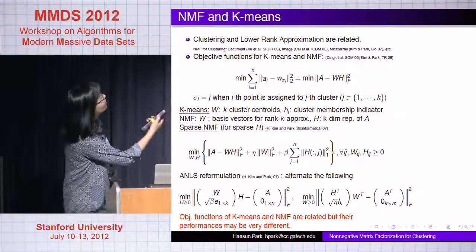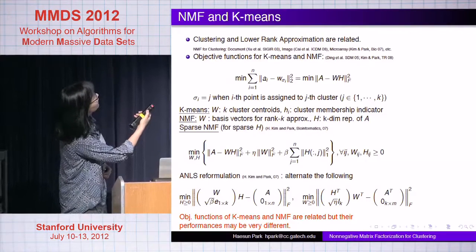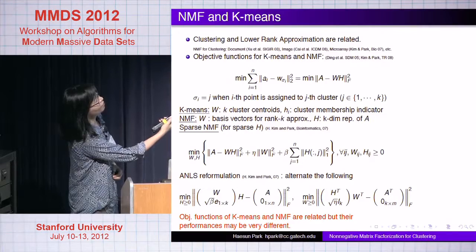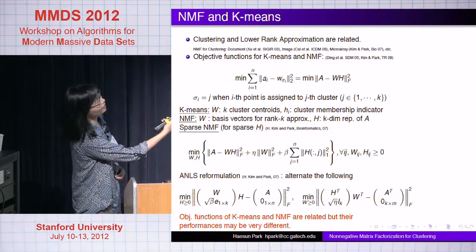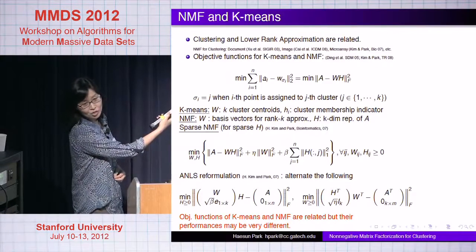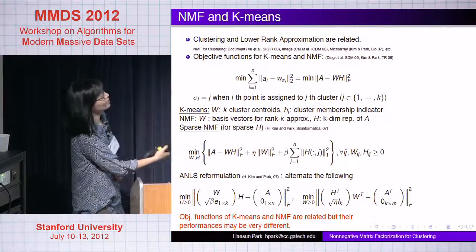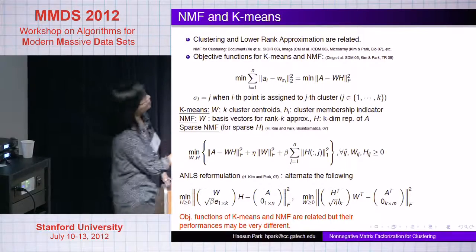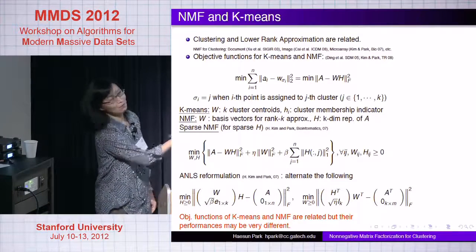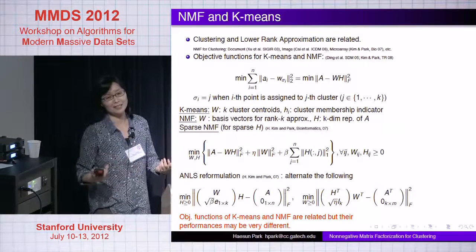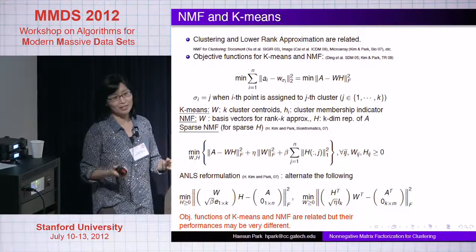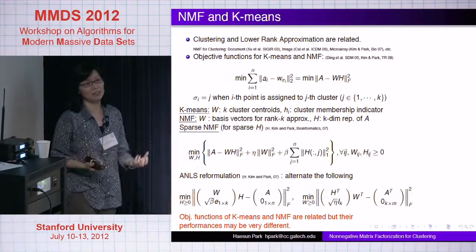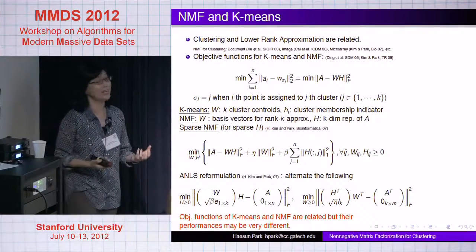Okay, so I showed you that K-means and NMF are related, but the fact that the objective function of NMF can be modified so that it looks like K-means objective function doesn't mean that those algorithms behave in a similar way. So here the subtle difference is the purpose of clustering is separating the data points into groups so that those data points belonging to different groups are remote, and within each group the data points are closely related.